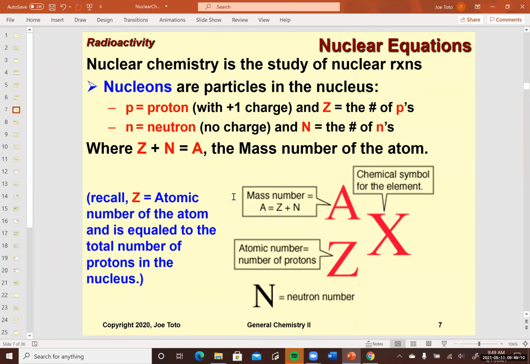We want to keep track of the subatomic particles in nuclear reactions. So what is done is a new formalism for representing elements in the periodic table.